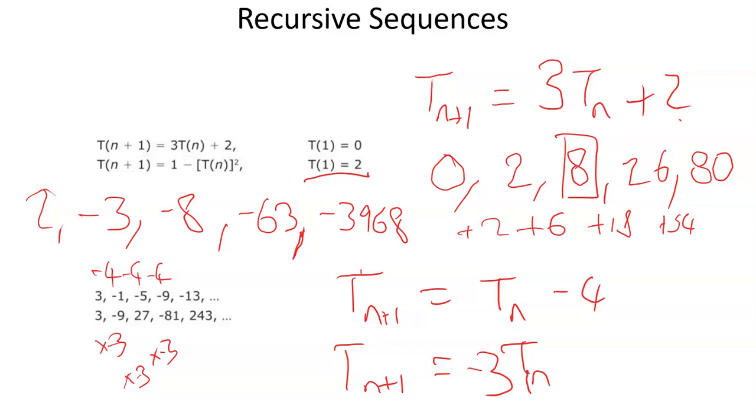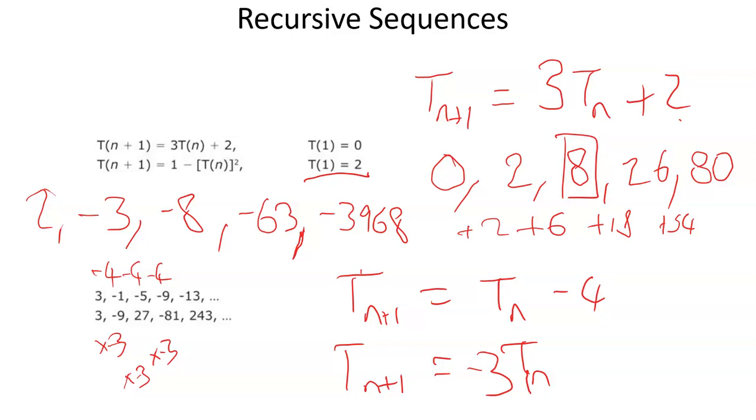So hopefully you can see that actually with what seems like a relatively simple term-to-term rule, we can get a pretty weird sequence that doesn't grow in a way that we're used to seeing in an arithmetic or geometric way, and would be quite hard, potentially, to find an nth term rule for, but the term-to-term rule describes it quite well.